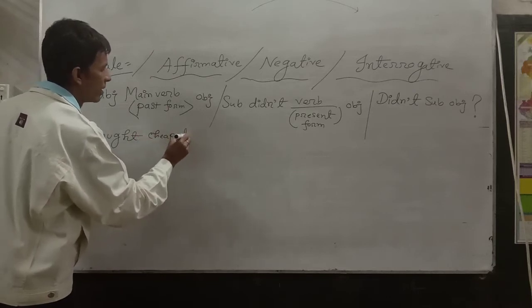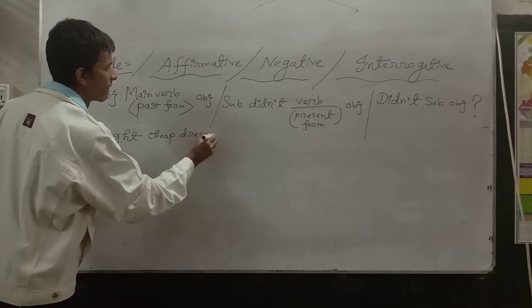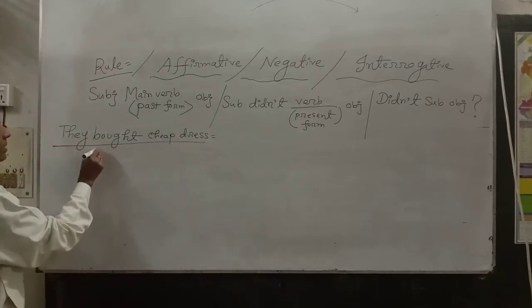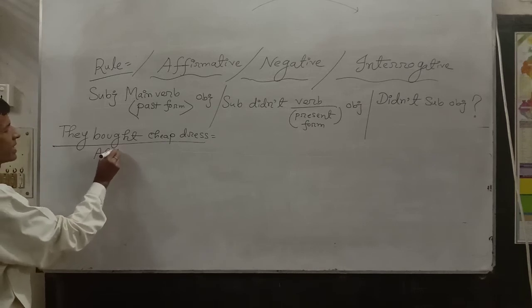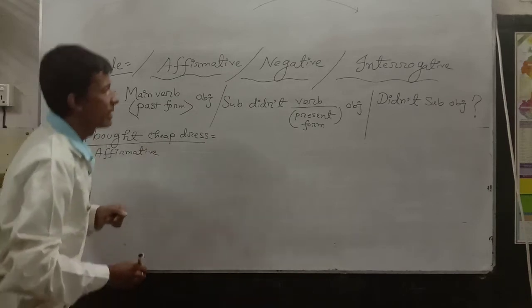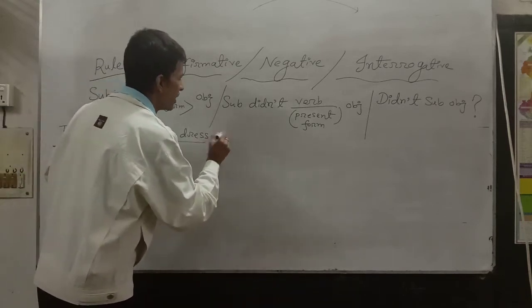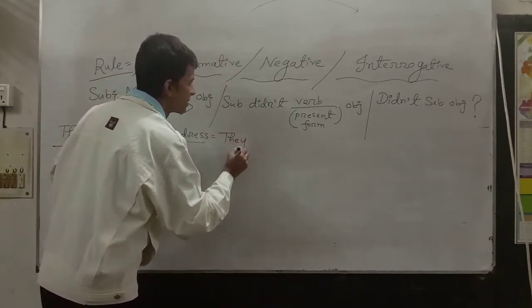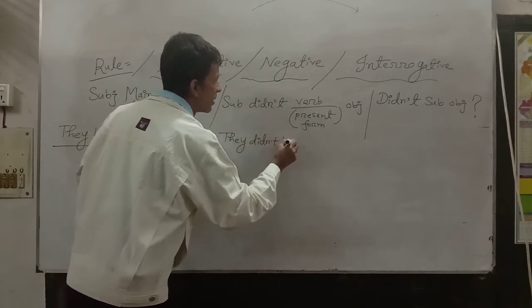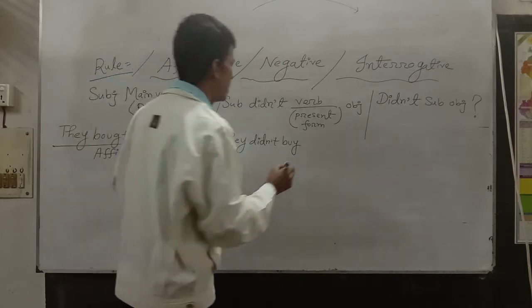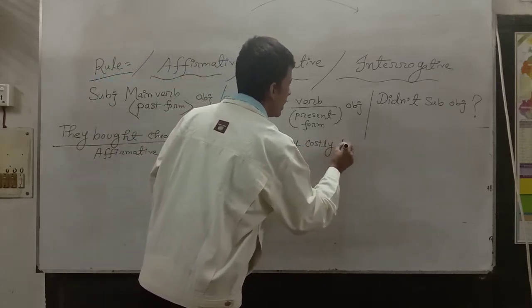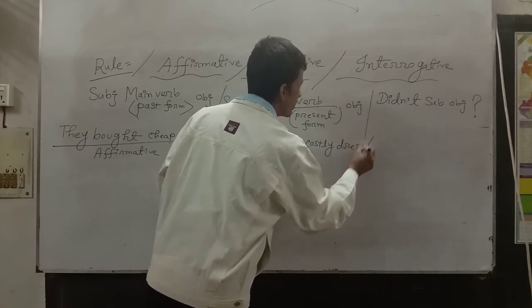Cheap dress. Affirmative sentence. Now the negative sentence will be: they didn't buy. Cheap dress will be transferred into costly dress, as the rule of antonym.